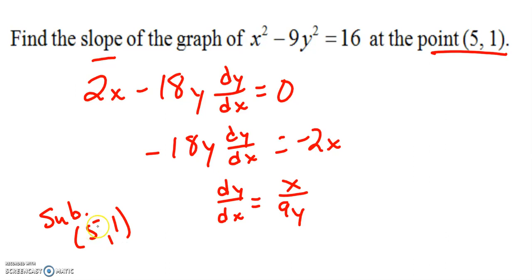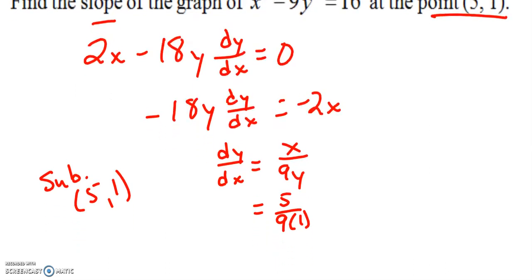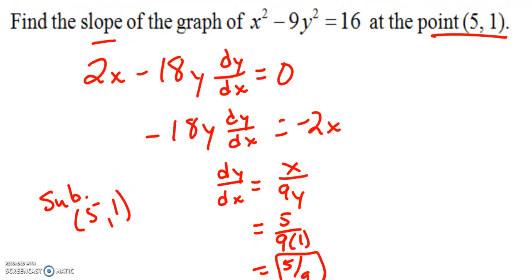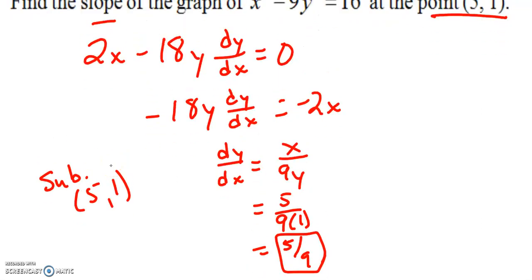So in other words, x for 5 and 1 for y. So here we will get our derivative, our slope, 5 over 9. So either approach works, but again, it's sometimes much more practical to use implicit differentiation to find the slope. And you know the ordered pair (5, 1).